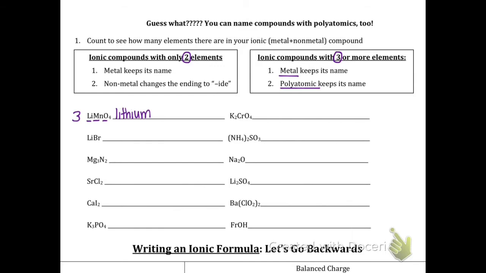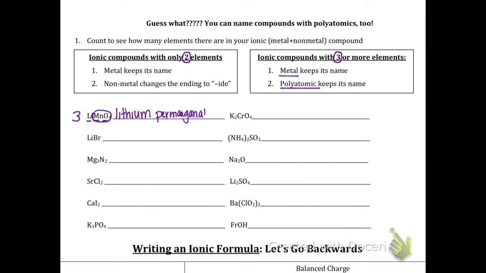This polyatomic, you need to search for it in your list of polyatomics. Okay, so go look on the back and find MnO4. MnO4 is what we call permanganate.